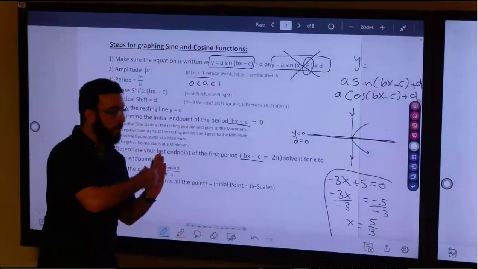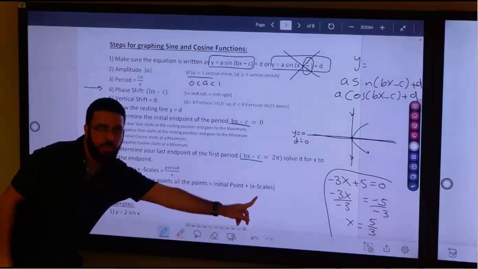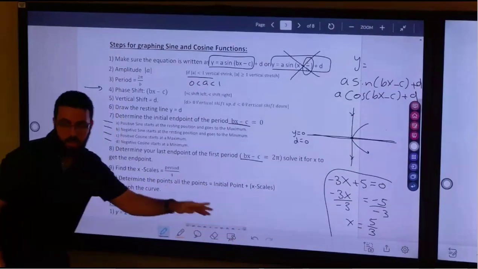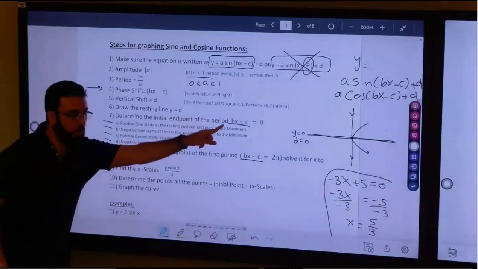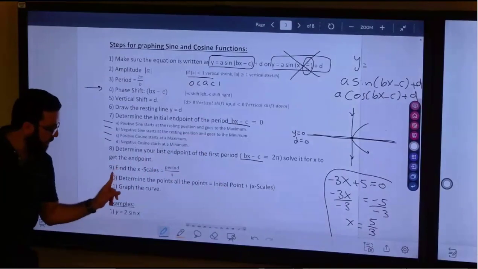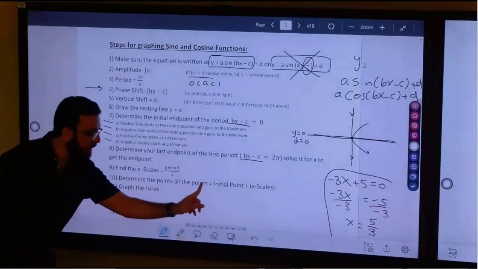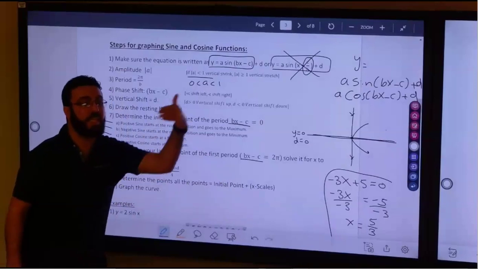Then I start from the first point and add the x scale. I have the x scale, the first point, and the end point. I put the initial point and add the x scale to get the second point.